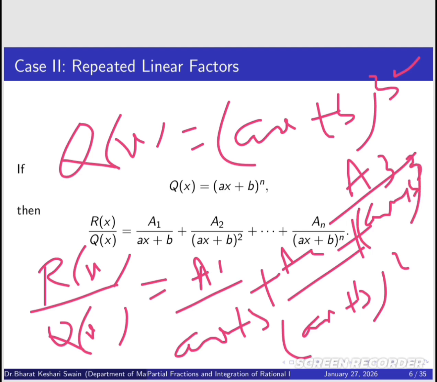So up to the third degree we have to write. You know it. So we have to check how many times it has been repeated, then write that many terms. Clear? Now come to the next page.